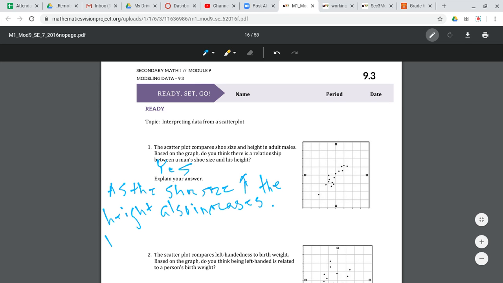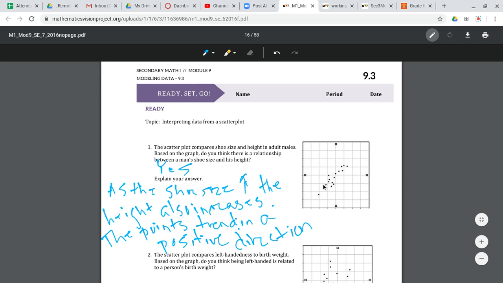The points trend in a positive direction.